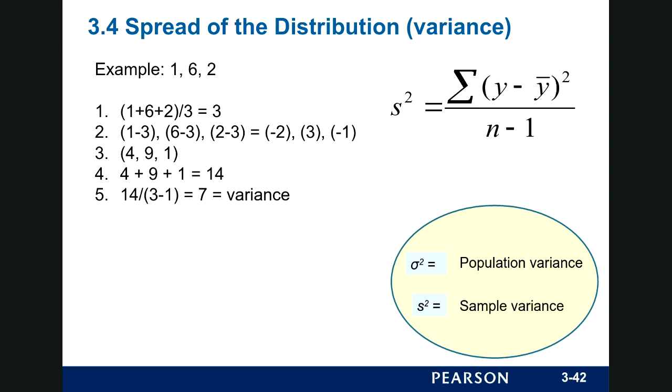I don't know if this variance is big or small. What I can say is that if I take this data set with observations 1, 6, and 2, and compare it to another data set with different observations, and calculate the sample variance for that data set, then I can compare the two variances and say, well, this varies a lot, this varies a little.